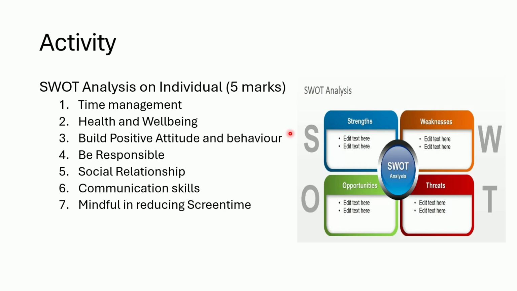Like that, you can analyze for your good health and well-being: what is your internal strength, what is your weakness, what is the opportunity available as an external facility, and what is the threat, that is an external thing that is controlling your health and well-being. Like that you can do it for every case, the social responsibility.